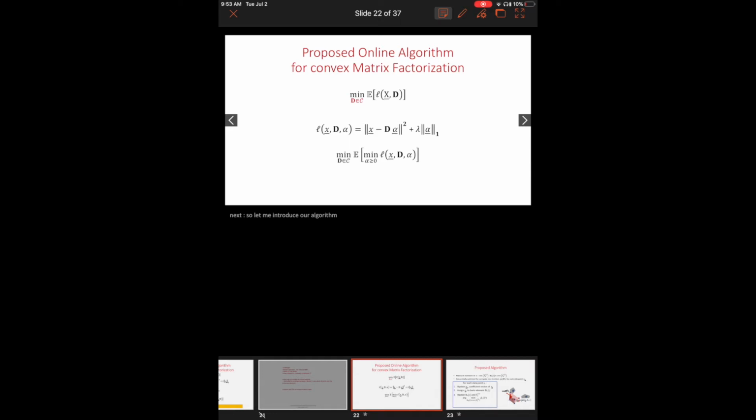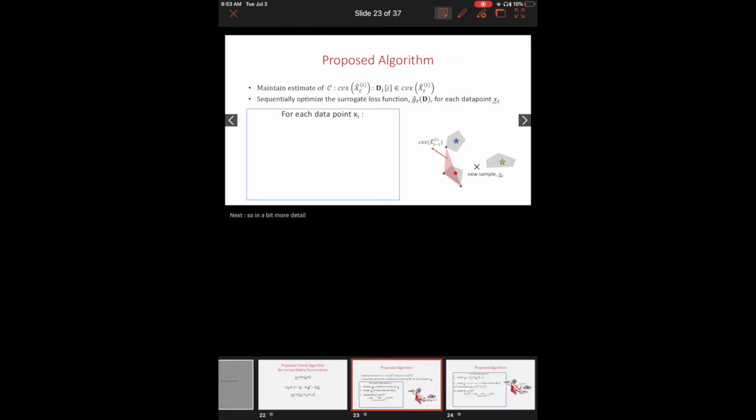Our algorithm is similar to the online algorithm by Mairal et al., but there are a few major differences. We maintain an estimate of the space of the random variable x for each basis vector d_t of i.